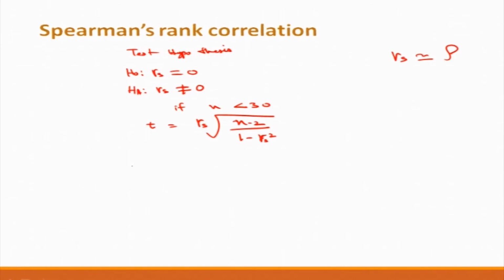So if the sample size is large, we can also use the normal approximation, that is, the normal deviate is equal to RS divided by the square root of the variance of RS, which is equal to RS into square root of n minus 1, that is the normal distribution with 0 mean and standard deviation 1.